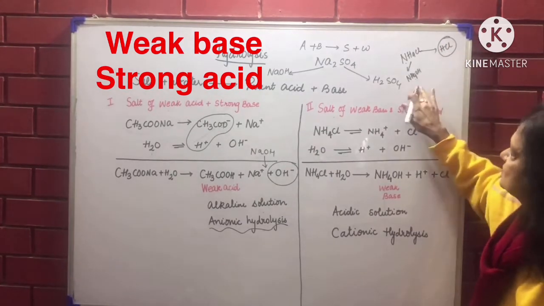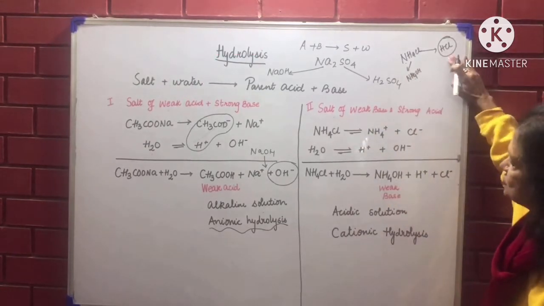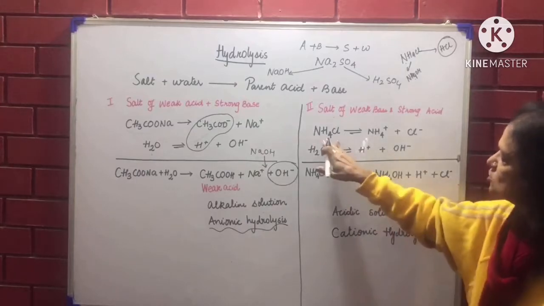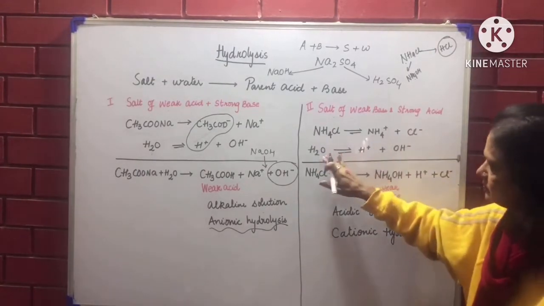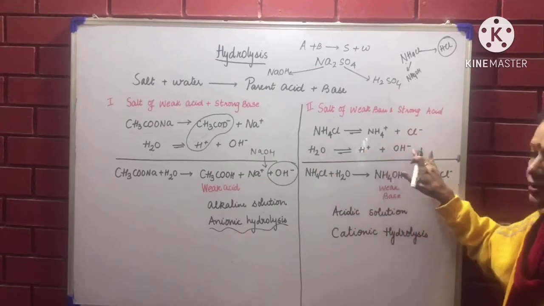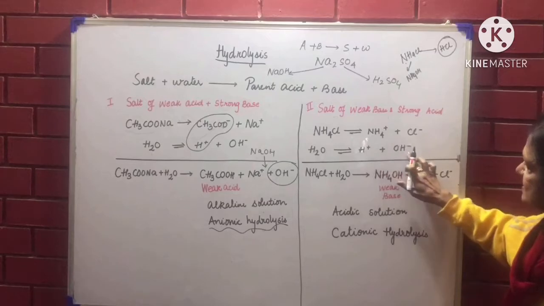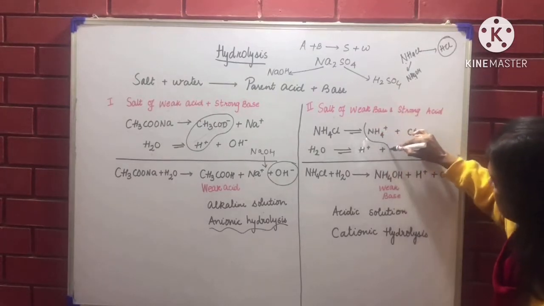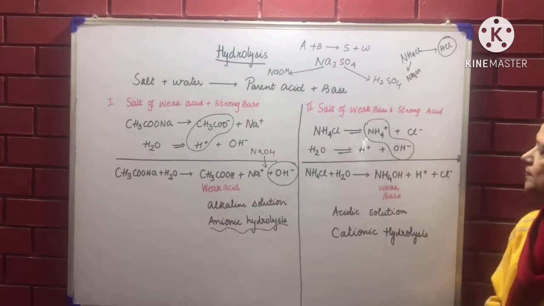So this is a salt of a weak base and a strong acid. Ammonium chloride divides into ammonium ions and chloride ions. Water divides into H plus ions and OH minus ions. Out of them, this is positive, this is negative. They combine and form ammonium hydroxide.